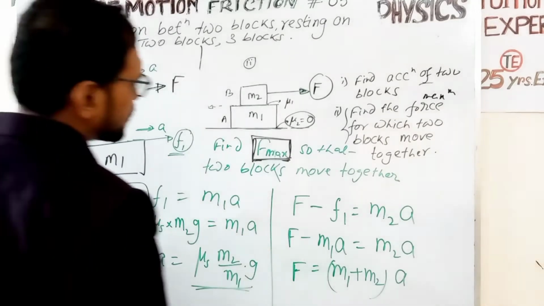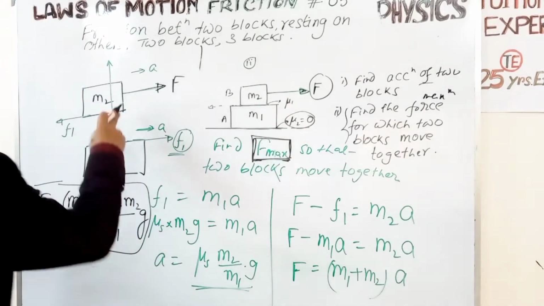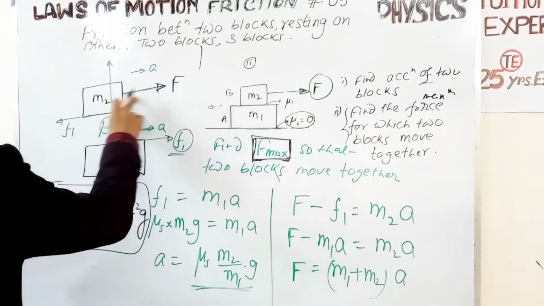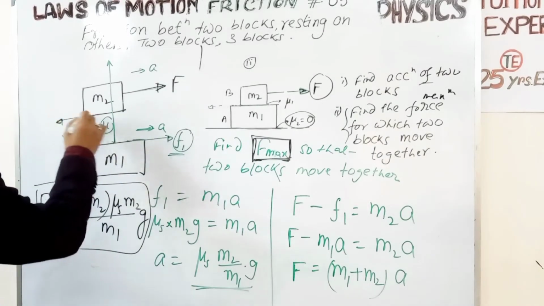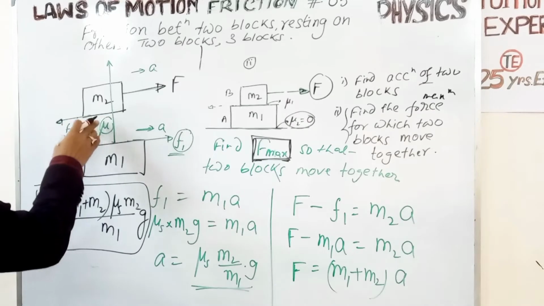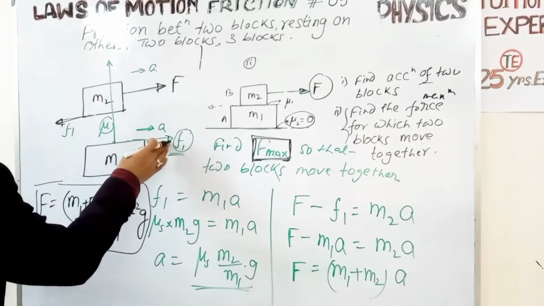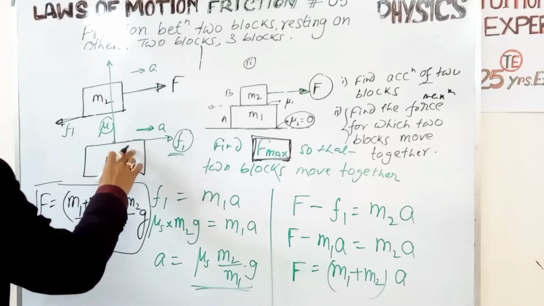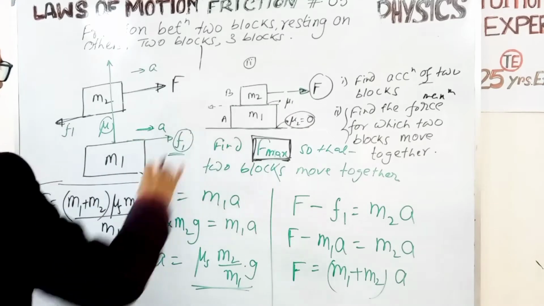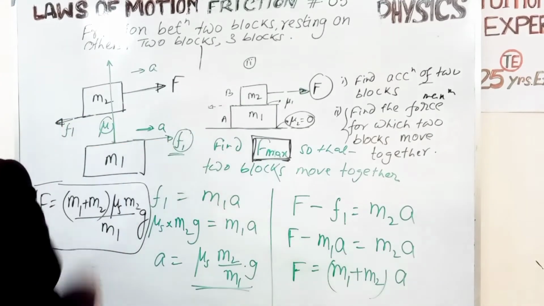I repeat, to solve the problem again, first draw the free body diagram. The force acts here, and the friction force acts in this direction, and this is the opposing force. Friction always acts between two contact surfaces; if this is action, this is reaction. So the friction force acts in this direction, and on the other block the force is reversed.